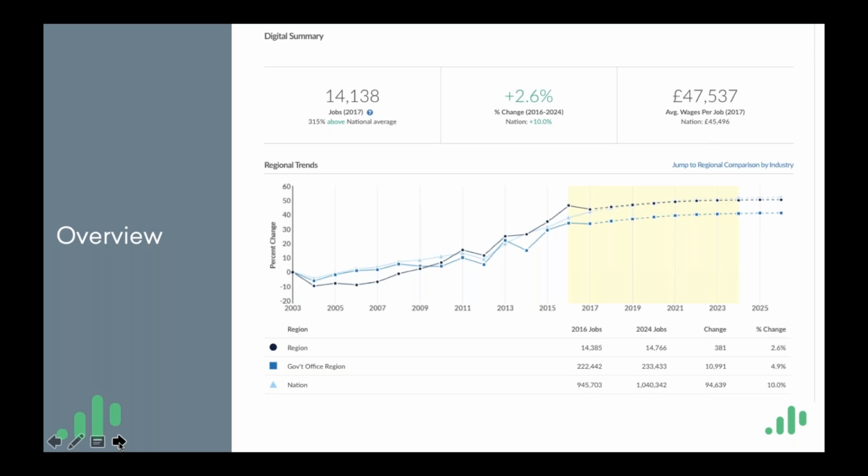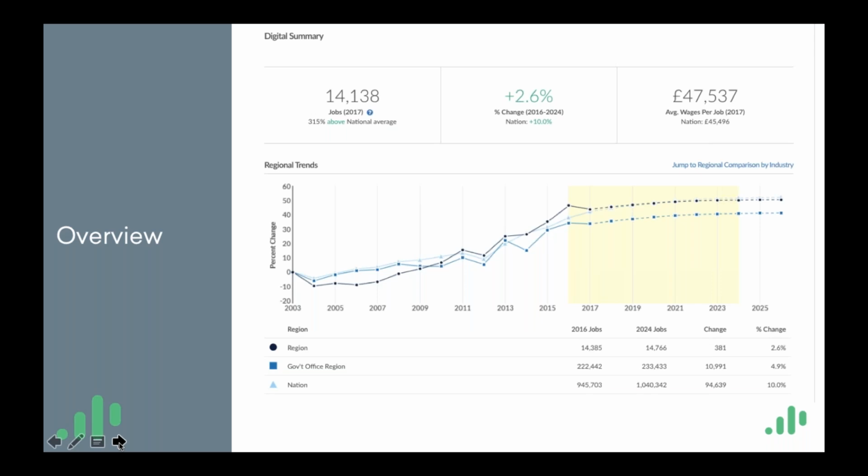So there's a 2.6% change in the projected jobs between 2016 and 2024 within this region. And then nationally, that's looking like 10%. So you can see that ending up in similar places. The comparative region, the royal blue one, falls in just under at 4.9%.